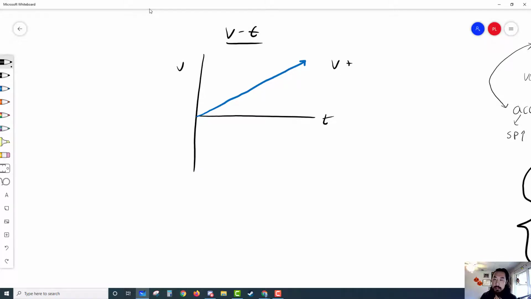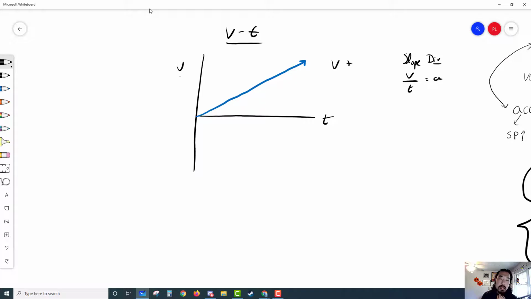Slope, let me put this off on the slide. Slope is a division. Okay, slope is a rise over run. So if it's a rise over run, we have velocity over time. And this matches up with our acceleration equation, velocity over time. Okay, rise over run. Our rise is our velocity, our run is our time.